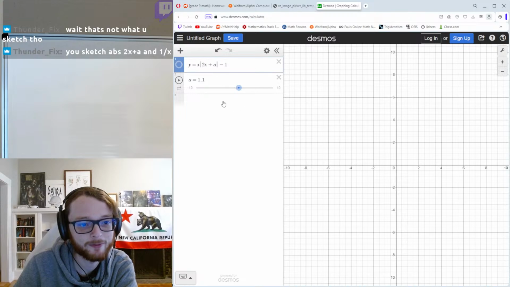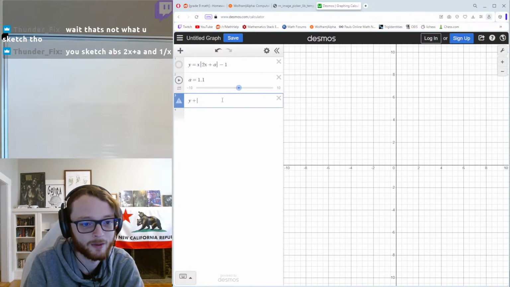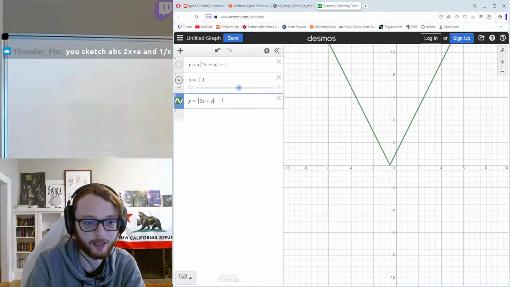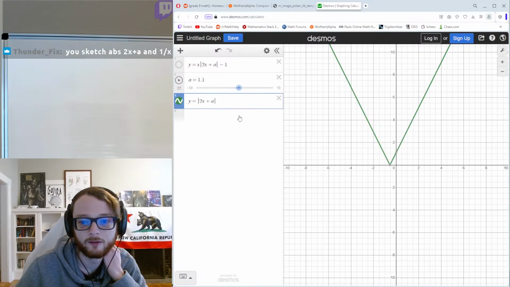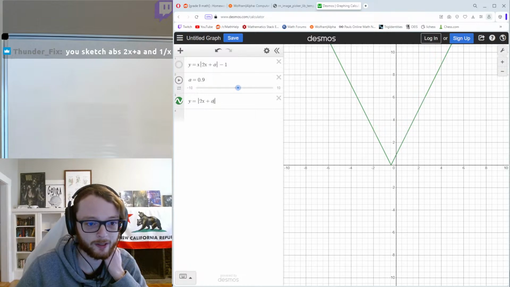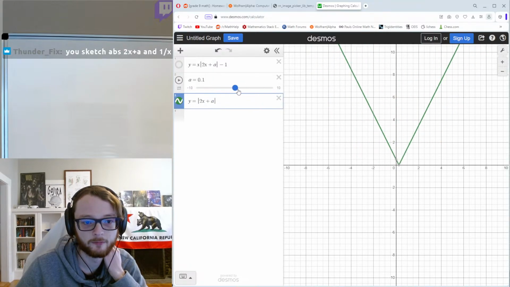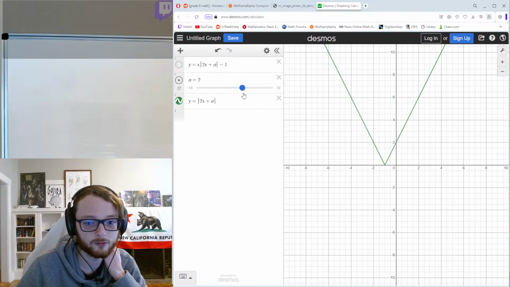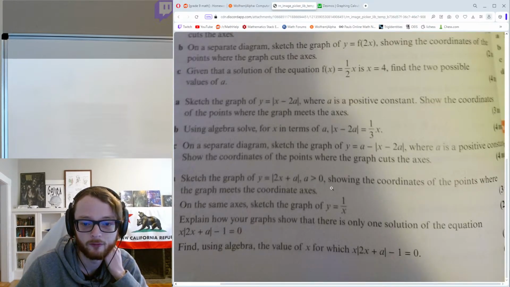So let's just turn that graph off, and then y equals 2x plus a. That's just going to be your normal absolute value curve. And all a will do is translate it left and right. So it makes complete sense to me here why we only have one solution. Intuitively, we know that the absolute value of x makes a V, and the bottom of that V is on the x-axis.